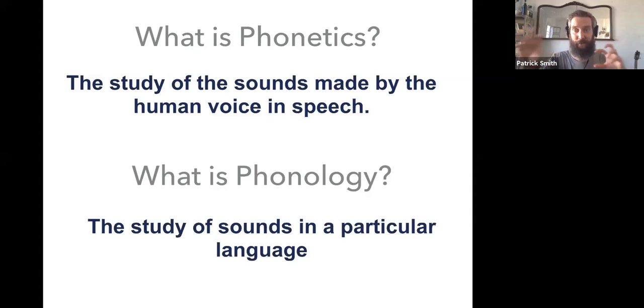How do these different sounds fit into the system of English? Why do we pronounce a certain vowel like this in this word and like this in another word? Phonology is going to deal with these types of questions. So essentially, phonetics is the mechanics of speech, and phonology is the system within a specific language. We could equally talk about Spanish phonology and Catalan phonology, but not today. We're going to speak about English phonology.